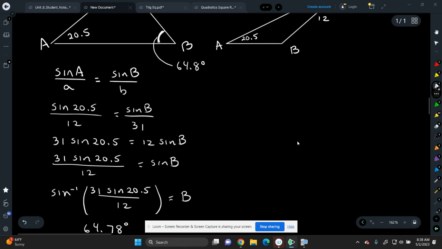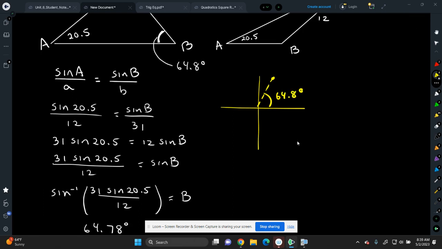All right? Now, we're going to use our unit circle to help us. 64.8 degrees is right here. Where's the other 64.8 degrees that we're dealing with? Over here. So we're going to do 180 minus 64.8.